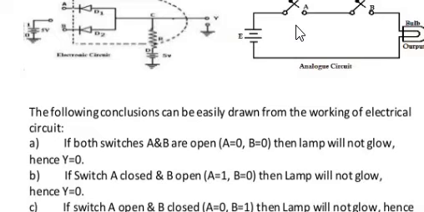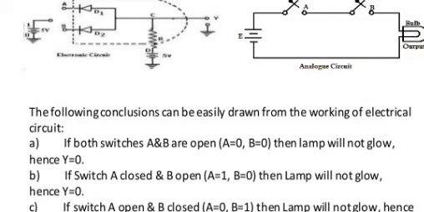Means if the input of A and B is 0 at the same time, then the output will be 0 only. 0 refers to false and 1 refers to true.